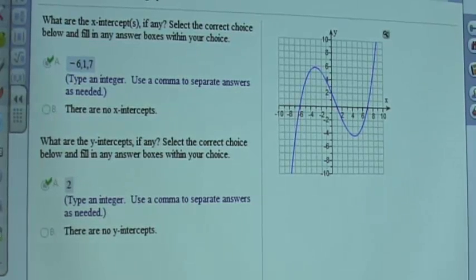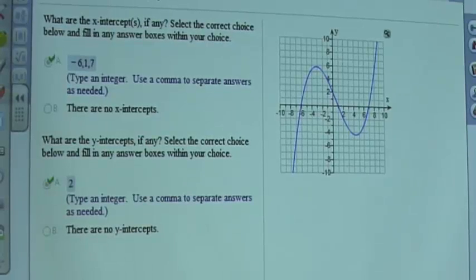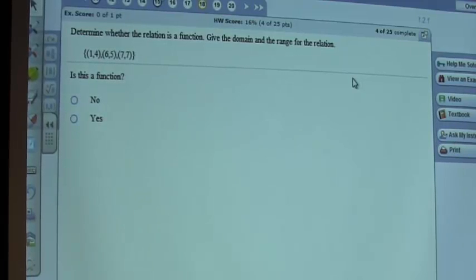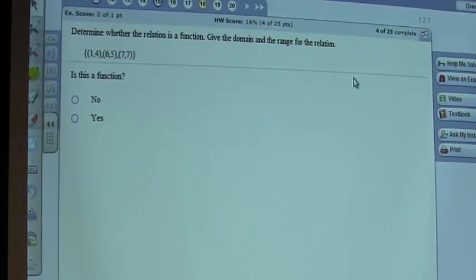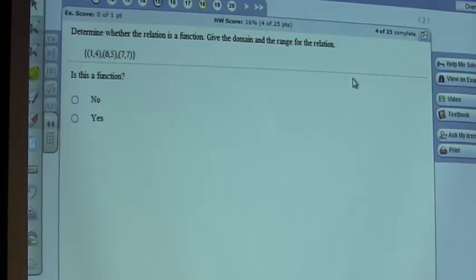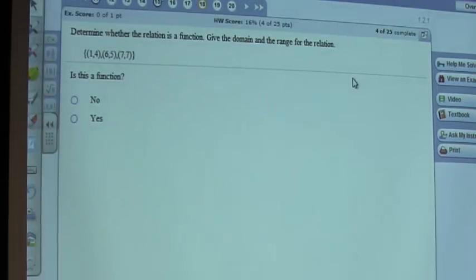All right, let's go ahead to number 18. Determine whether the relation is a function. Now, when we talk about a function, the nature of a function is that we are relating x values and y values together in some kind of relationship.